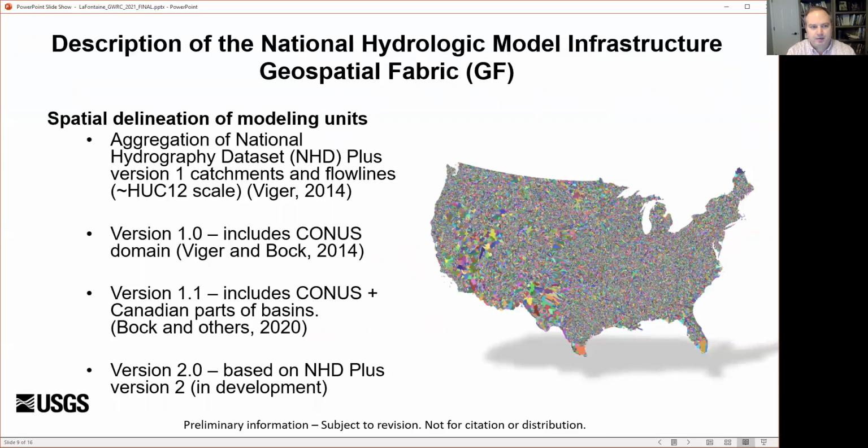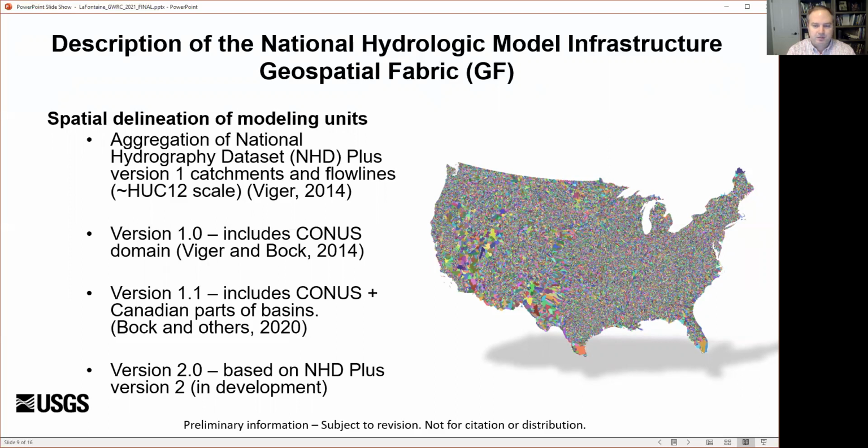Looking at the geospatial fabric, in developing these model units, in the past we may have started from a digital elevation model, looked at various points of interest, and built up our modeling units from that DEM. Now we've gone to aggregating existing data sets such as the National Hydrography Dataset Plus, NHDPlus.